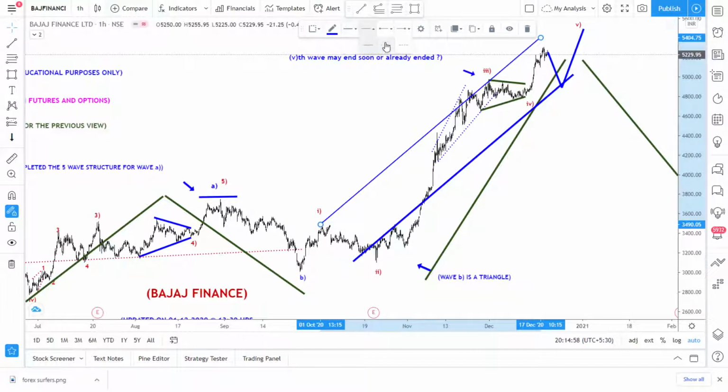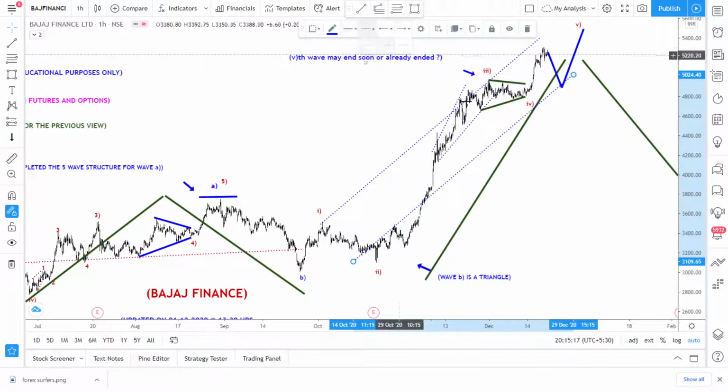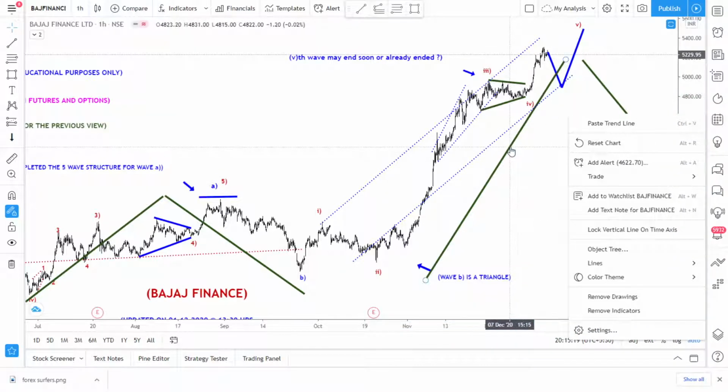But what I said, if it is not a triangle, it can end it here also, 1, 2, 3, 4, 5. But if it is not a triangle, it's a regular flat, and there is a diagonal formation of what I said in the diagonal triangle, so one more wave is also available here.